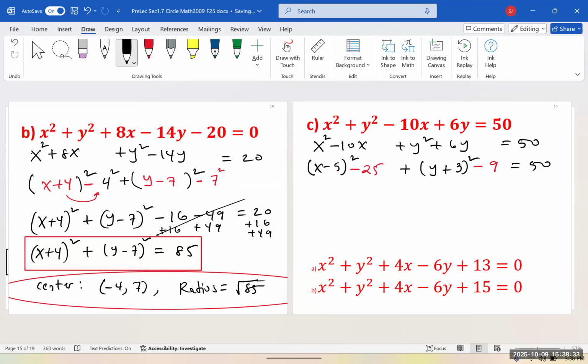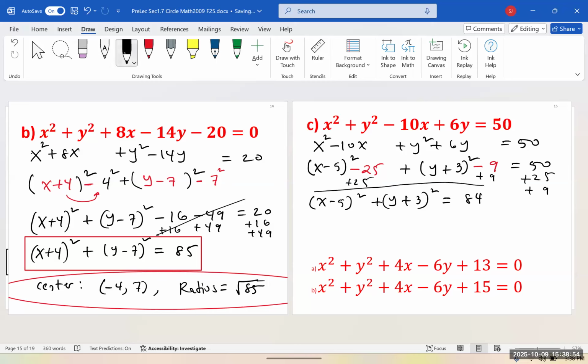And then you combine the right side. So plus 25 plus 9 is 84. x minus 5 squared, y plus 3 squared equals 84, not 85.